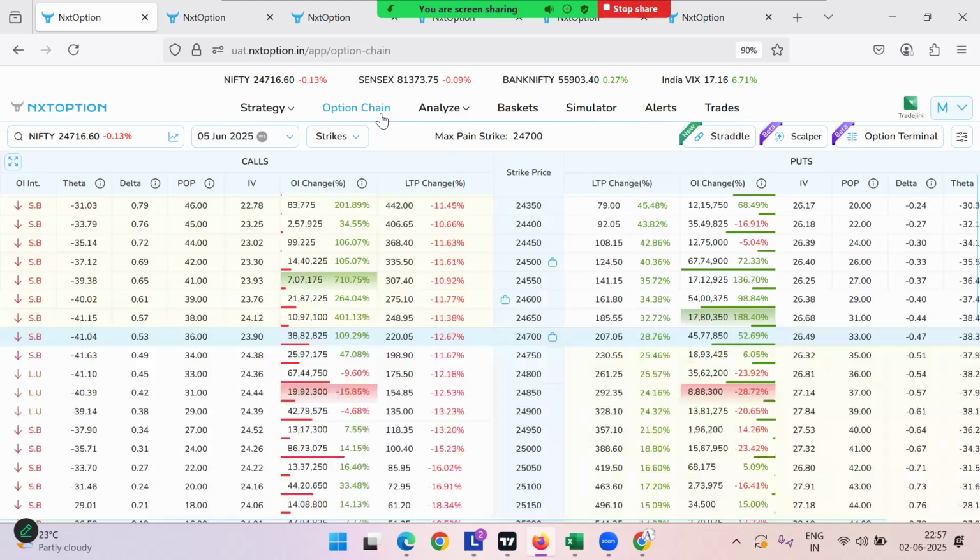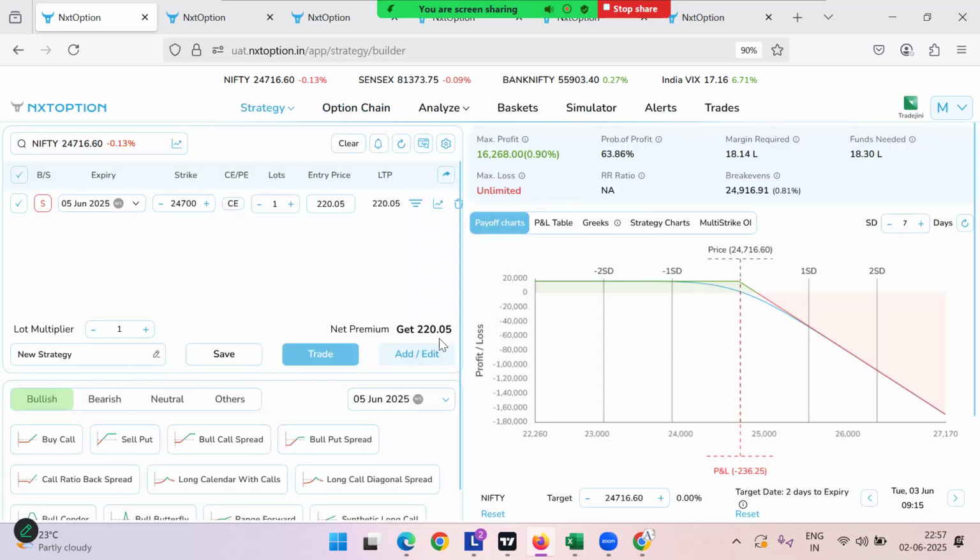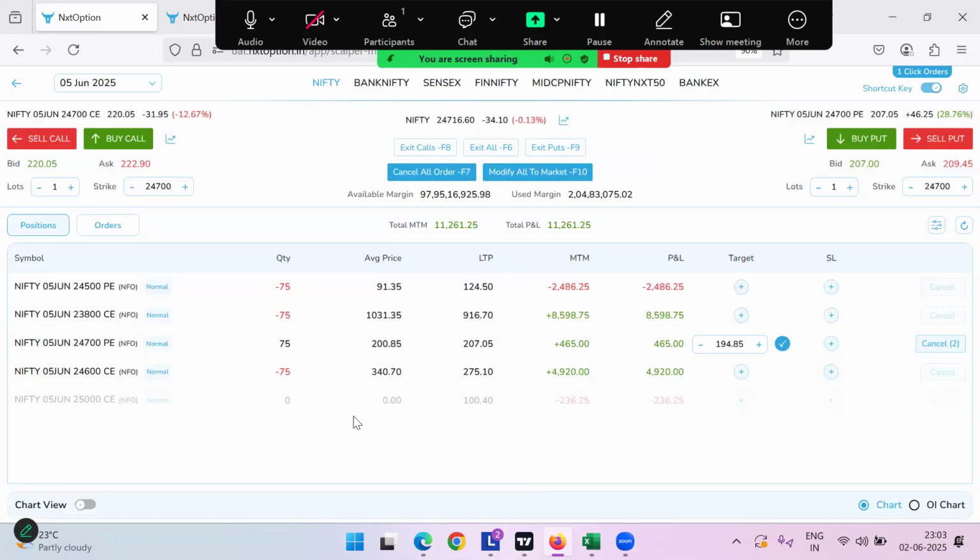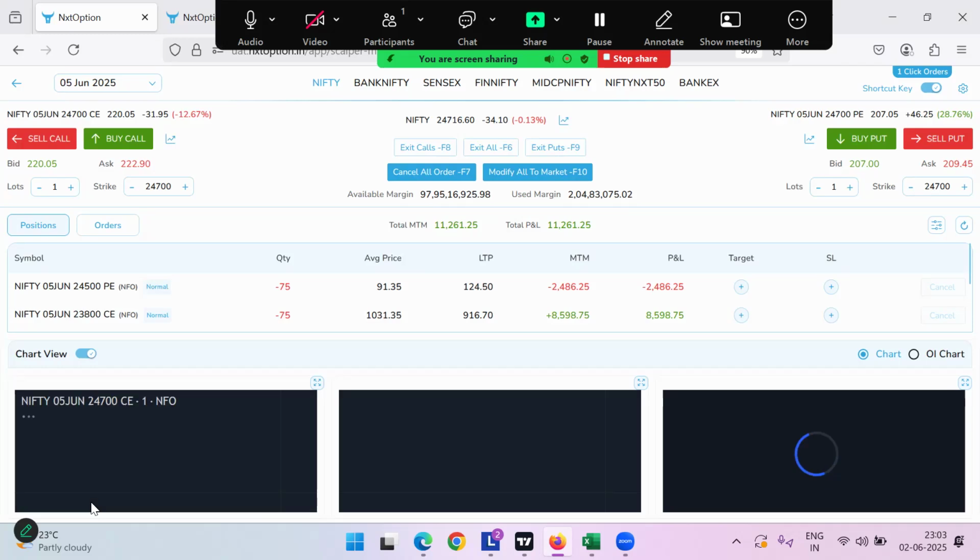Now coming back to the option chain, every time when you see this strategy builder, you can go analyze your strategies using various parameters. We have already done a recording on this feature. Please have a look into that. When you click on the scalper mode, you can click on the chart view.